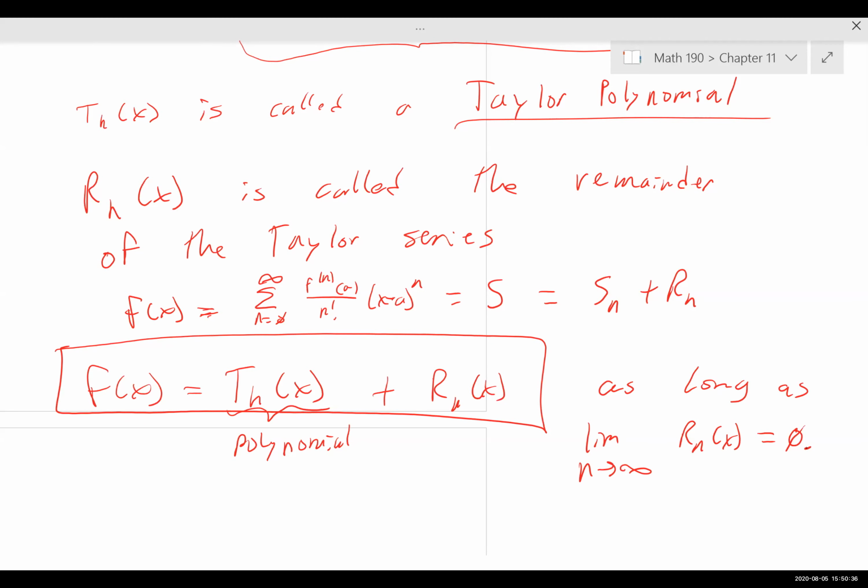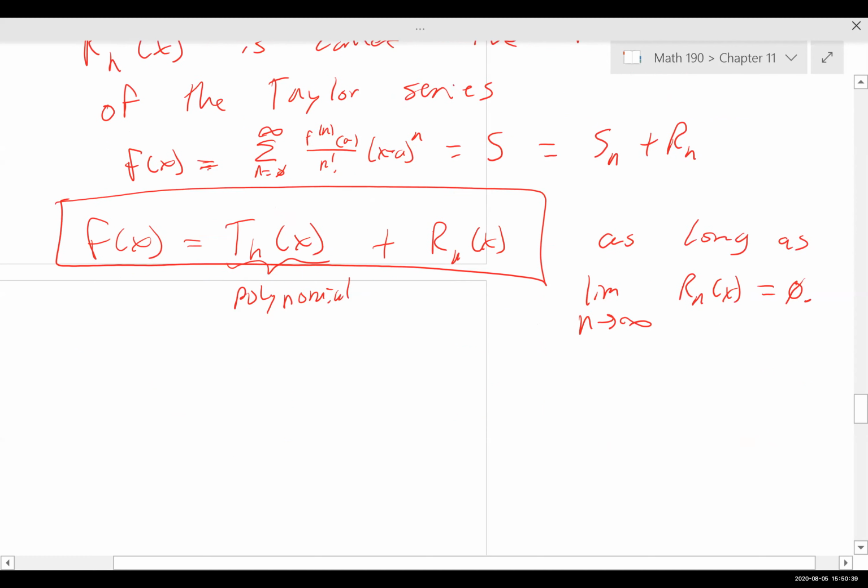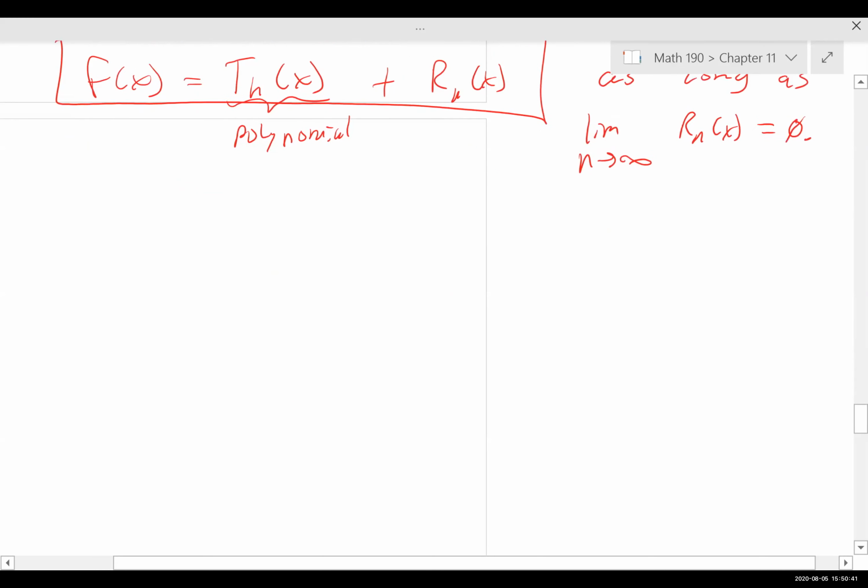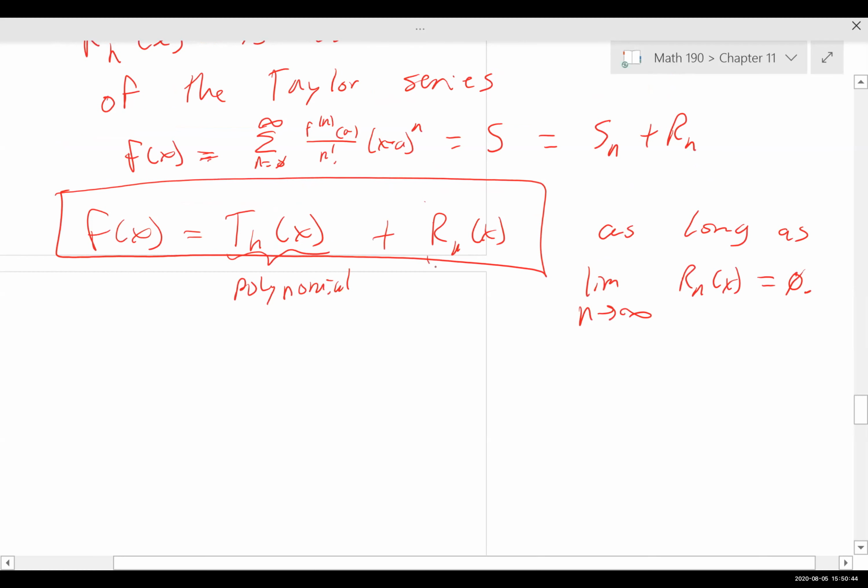Let's talk about Taylor's inequality for a second. This would be the error, or the extra piece that we would want to get. This is the original function, or the original power series, and this is the polynomial, which is your partial sum.